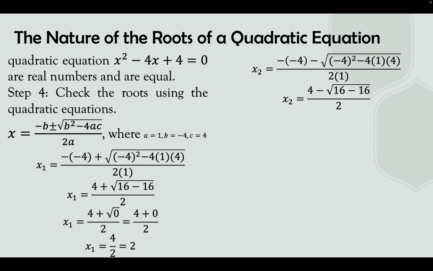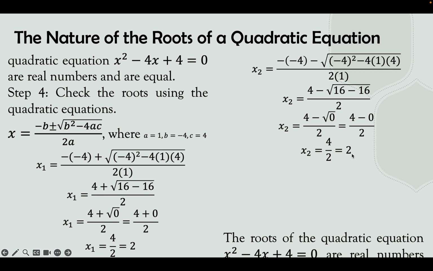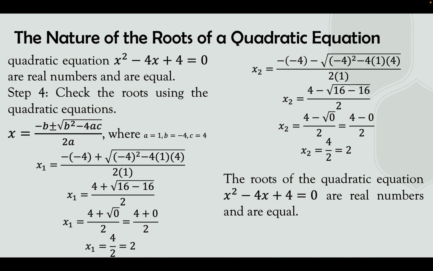And then our x sub 2, we have 4 minus 0 over 2, so that is 4 over 2, which is also 2. So that means that's correct: the nature of the roots of x squared minus 4x plus 4 equals 0 are real numbers and are equal, since 2 is a real number and both x sub 1 and x sub 2 are equal to 2.